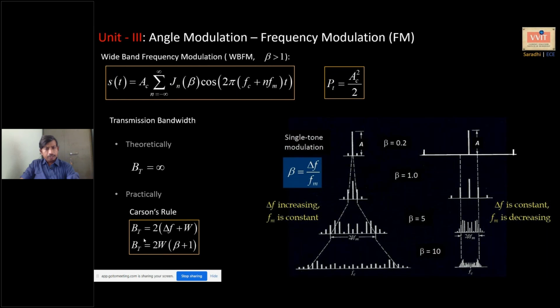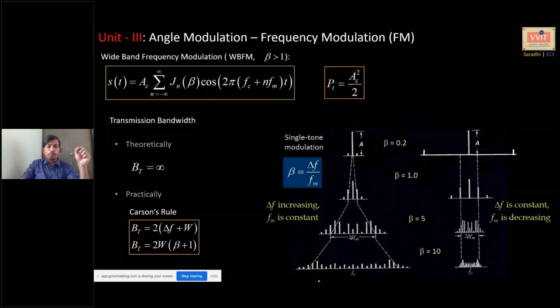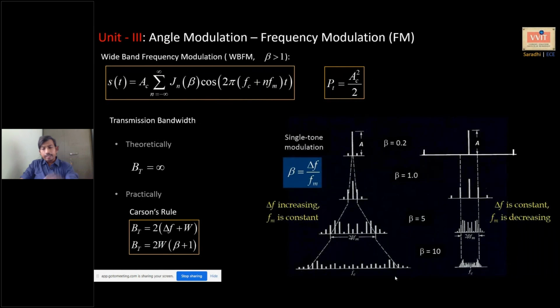This rule is developed thinking that beyond a certain range of frequencies, the strength of frequency components becomes negligibly small. They can be neglected without affecting the quality of the FM signal, right? So we get this practical Carson's rule formula only because we are neglecting a few insignificant frequency components, and we are transmitting only significant frequency components, and according to that this is the formula.